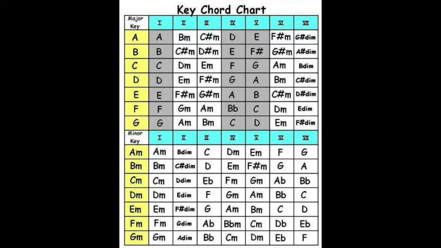Now in the major key area of this chart, you're going to notice the 1, 4, and 5 column is highlighted in gray. So that's to highlight the importance of the 1 chord of any particular key, the 4 chord and the 5 chord.